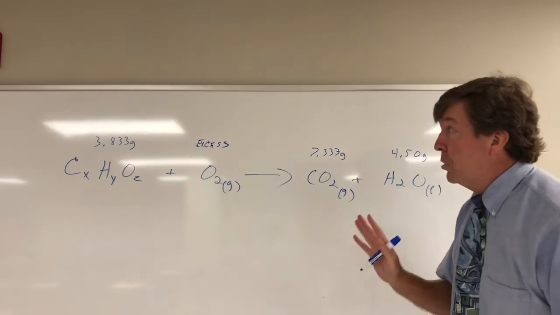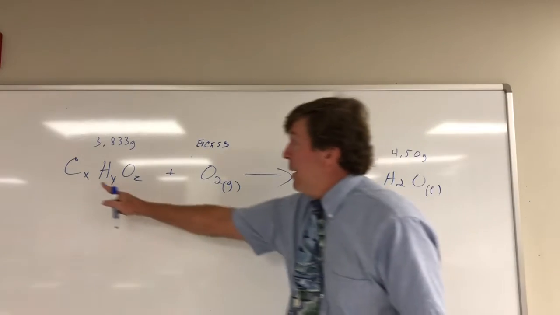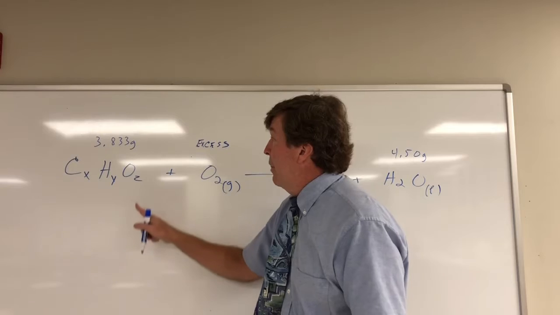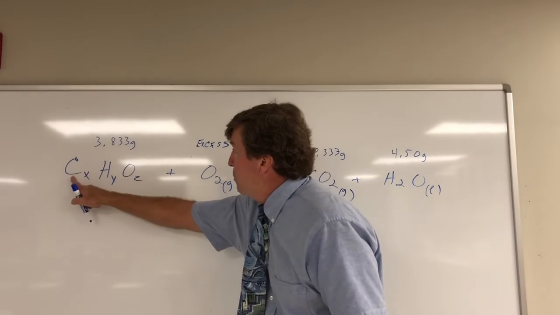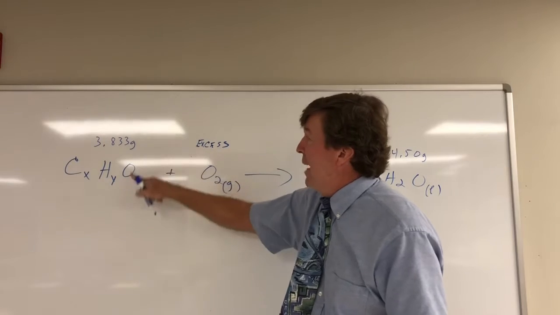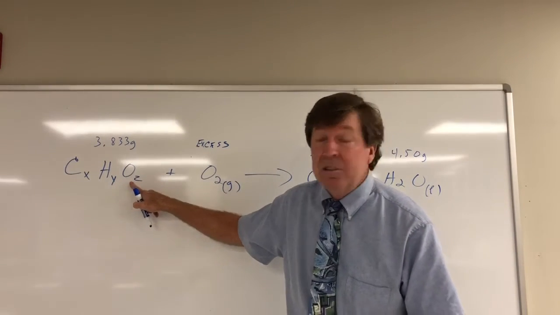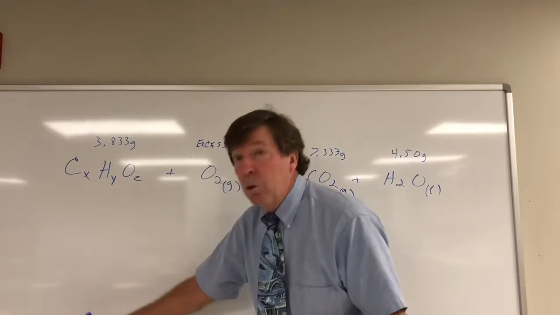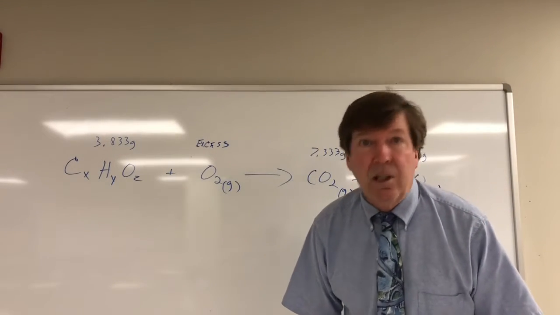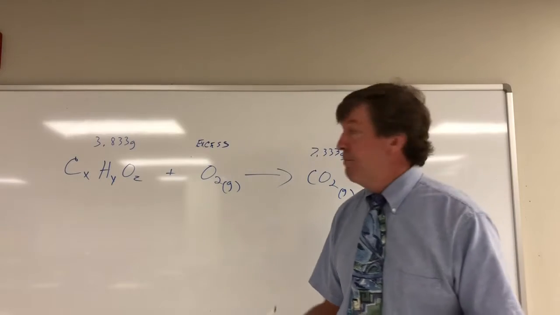So what we want to do here is figure out the mass of the carbon, then we'll figure out the mass of the hydrogen, and then we'll use this mass plus x equals the total mass. Easily we'll solve for x, and then we'll get our 3 mass quantities of those elements, and then we're on our way to solving this fairly easily.